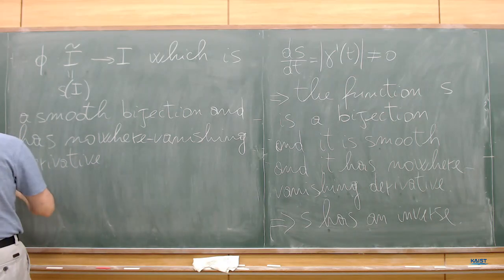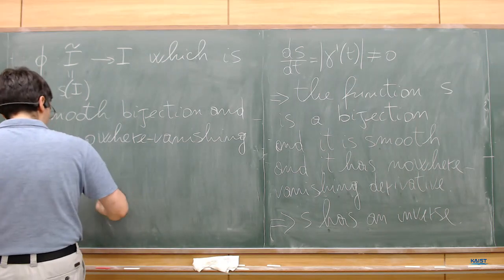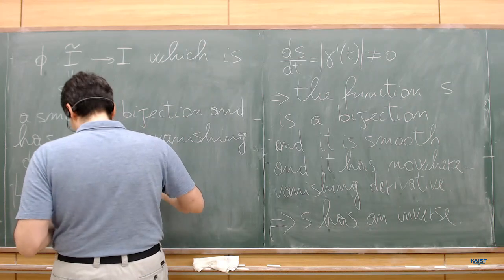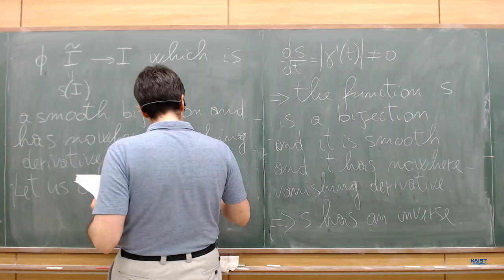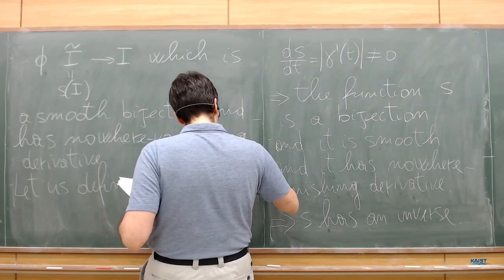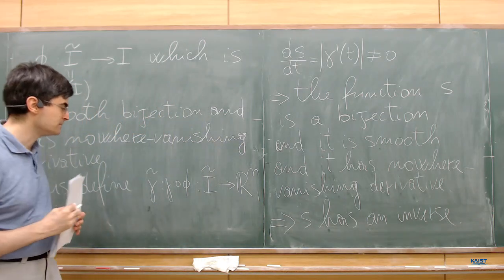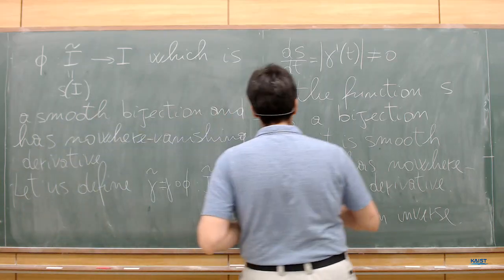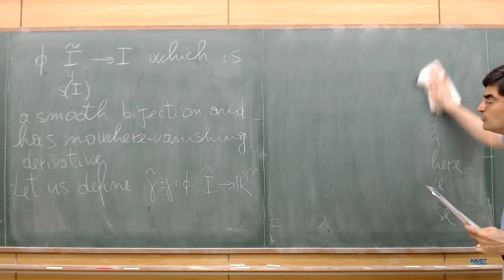Okay, now let's define gamma tilde as gamma composed with phi, defined on I tilde with values in Rn. It remains to show that this is a reparameterization of gamma, which has the property to have a unit speed.